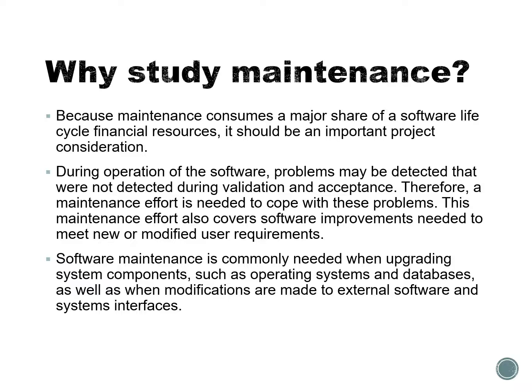So basically what I'm saying is that we are constantly moving towards software, and because of that we need to understand how to maintain the software aspects of different things.